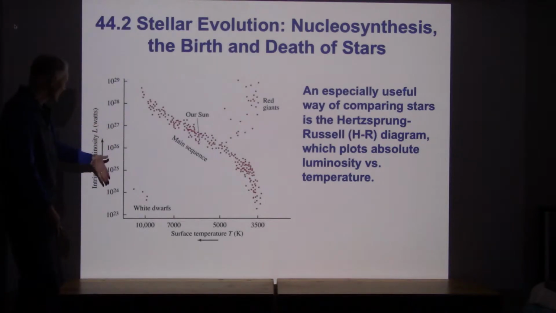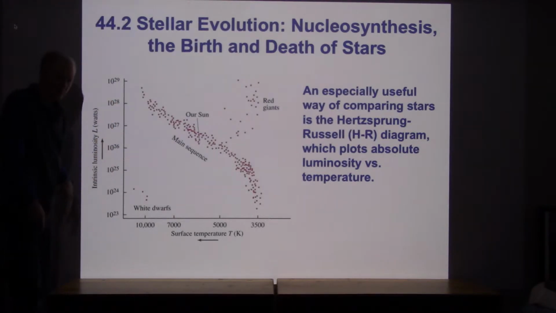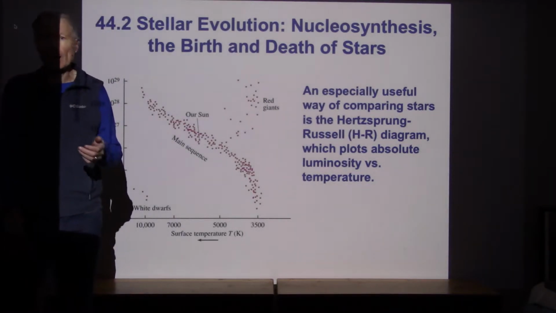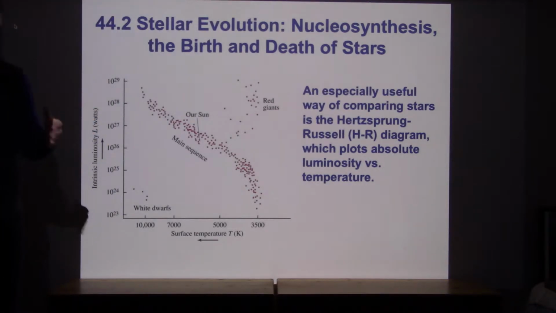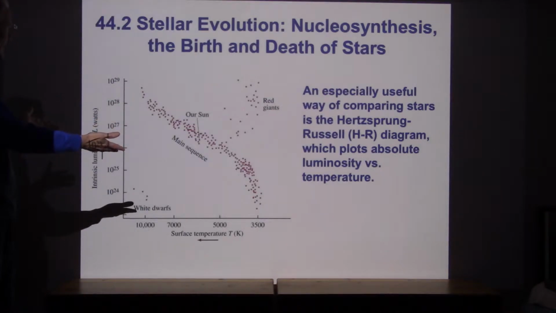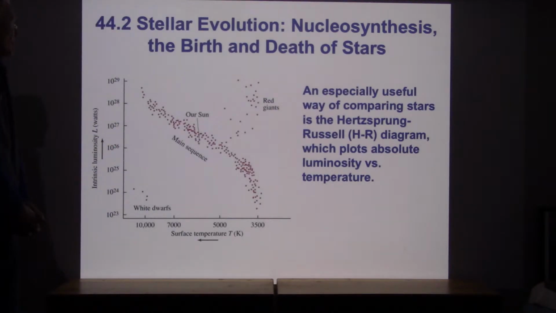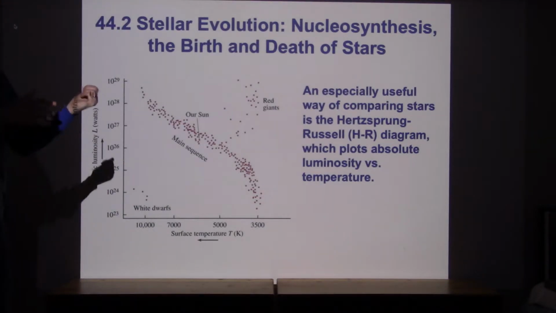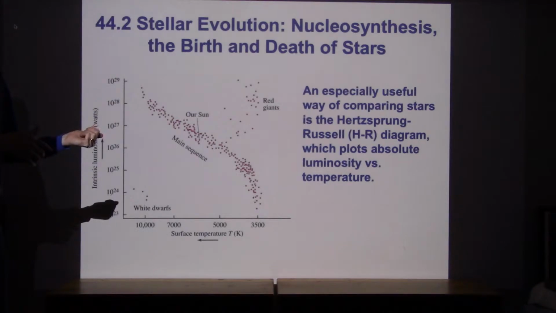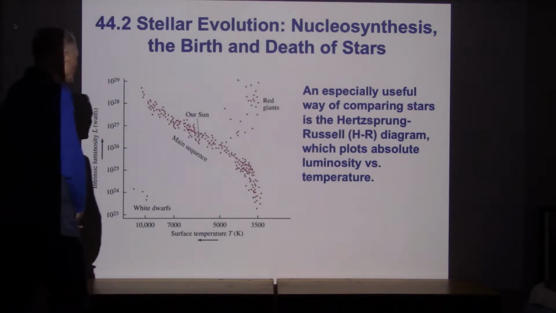And then the luminosity is on the other axis, and we said we can determine that by doing distance measurements and brightness. So those are the earliest, most reliable measurements that were doable, and it became a classification system that has stuck. So this HR diagram classification has been around for a long time now.